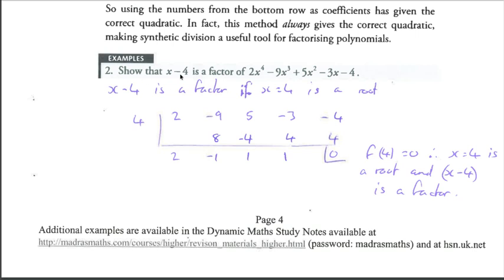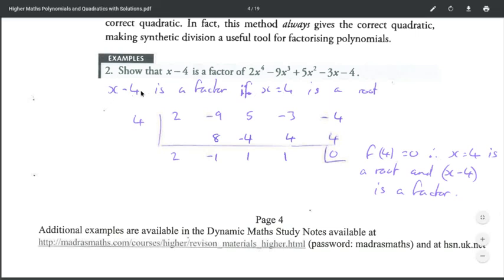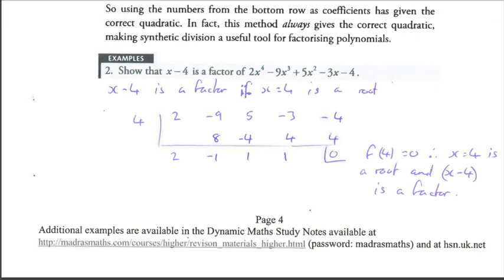So show that x minus 4 is a factor of f of x here. If x minus 4 is a factor, that means x equals 4 is a root, because if x minus 4 equals 0, then adding 4 to both sides, x would be 4. So we need to perform synthetic division with x equal to 4. So the 4 at the front, write down all the coefficients, bring the number down, multiply by the 4 at the front, add them together, multiply by the 4, add them together, multiply by the 4, add them together.